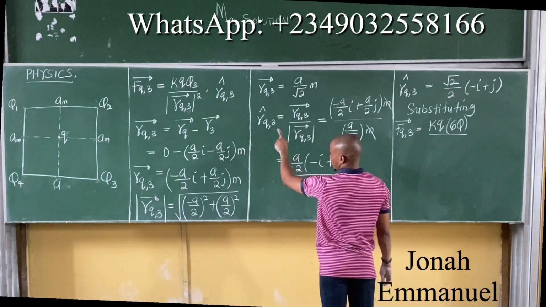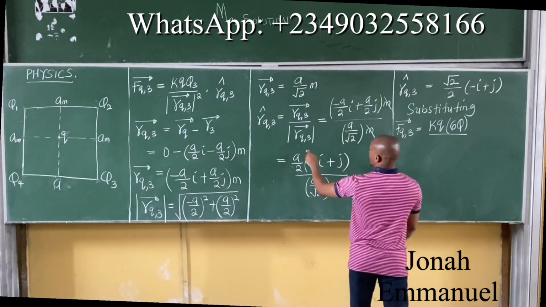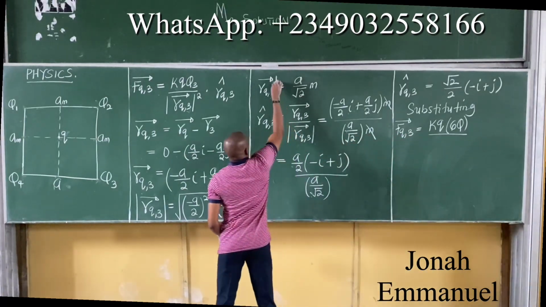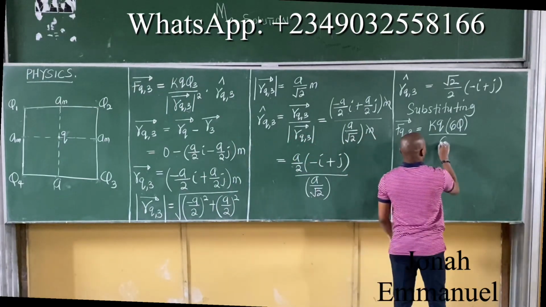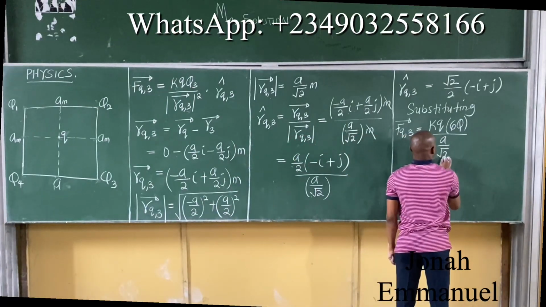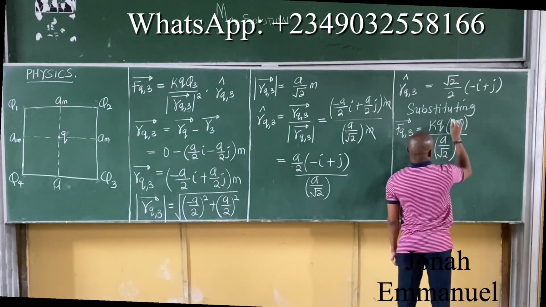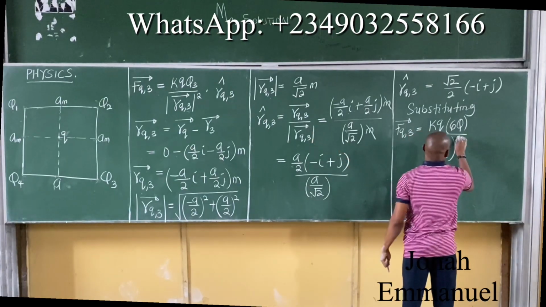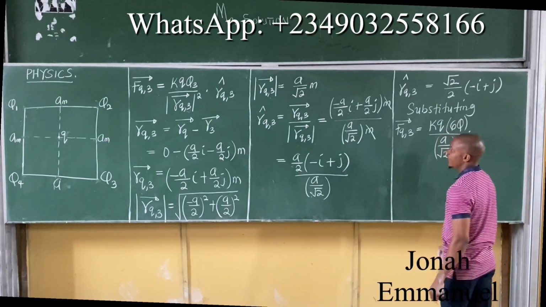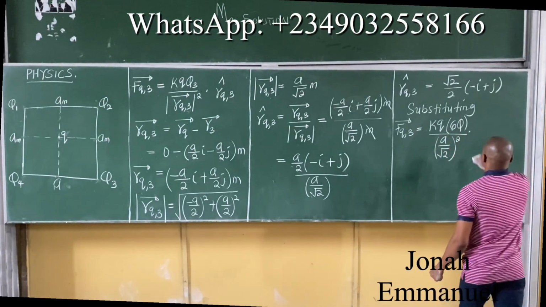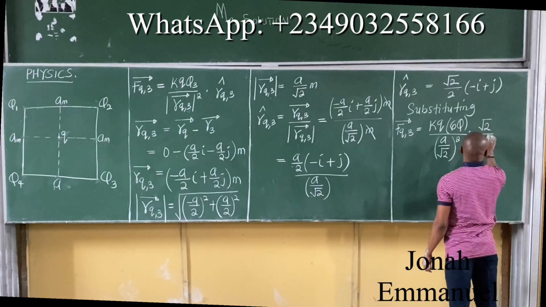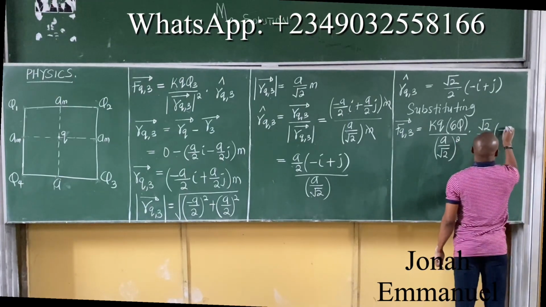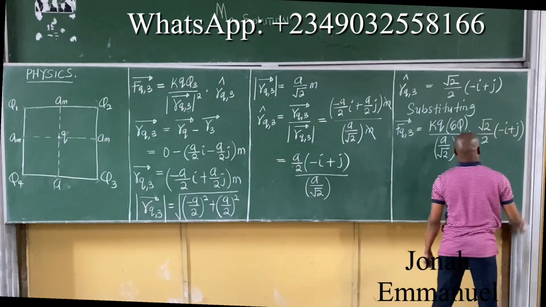Where is it? This one here. Magnitude is A over 2, so A all over root 2, all squared. Dot the unit vector, that's this, which becomes root 2 over 2 into minus I plus J.